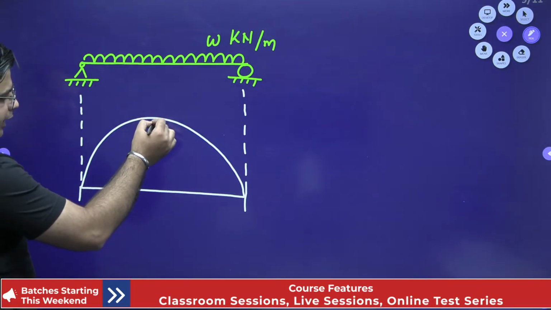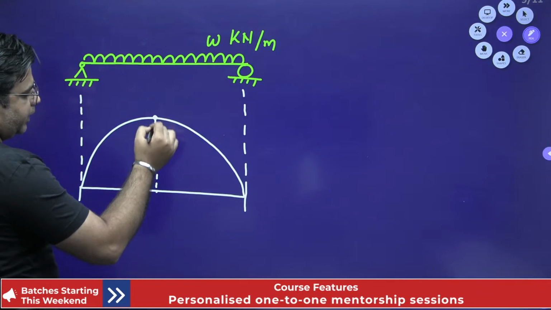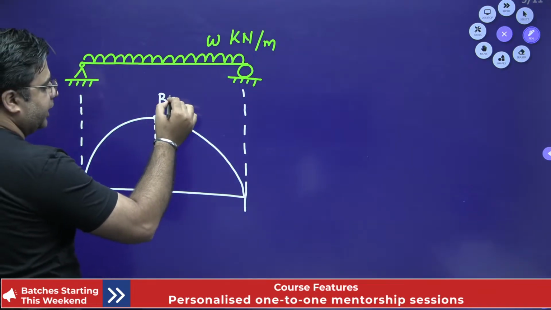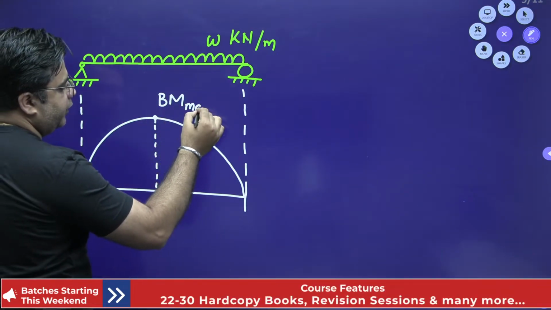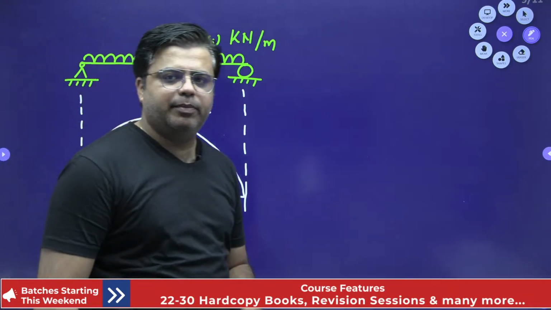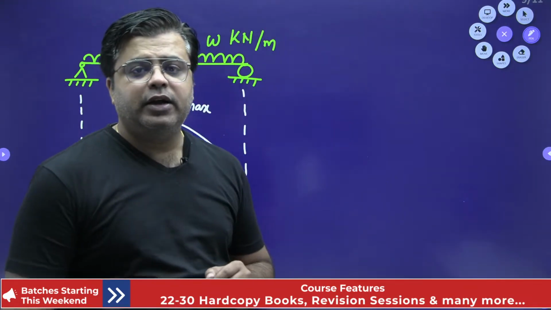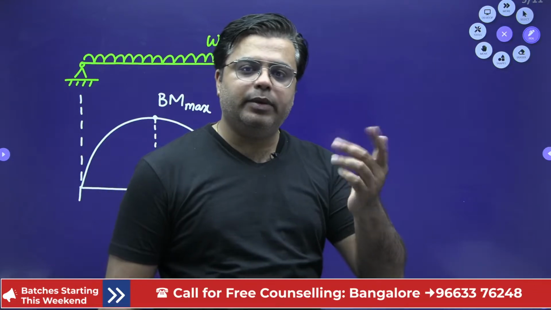Now we need to find out the point where you will get the maximum value of bending moment. This is bending moment maximum. And we need to find out this point and also the value of maximum bending moment. So the basic process for doing this is d by dx of bending moment equal to 0.